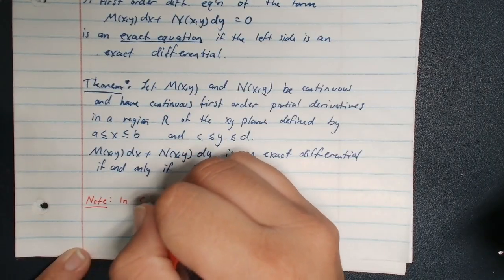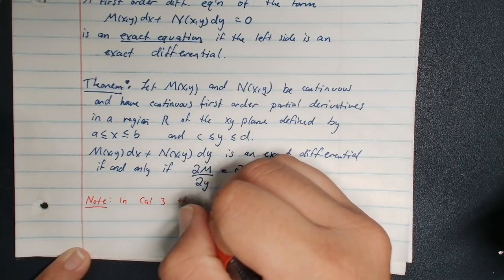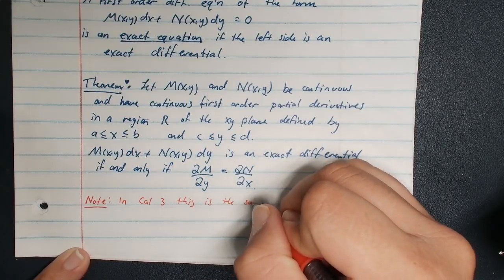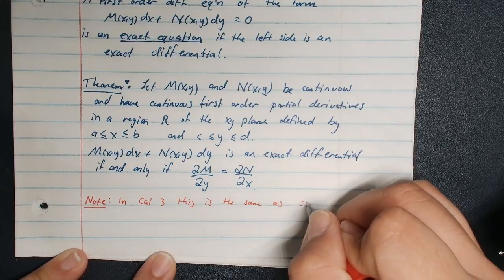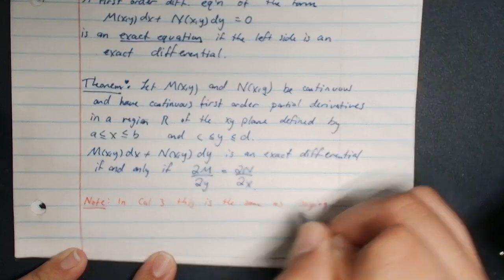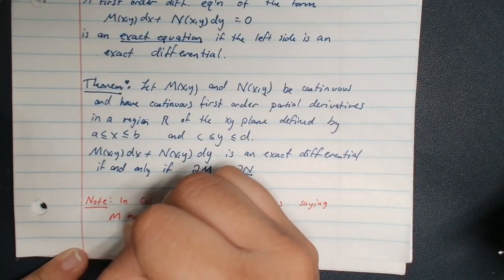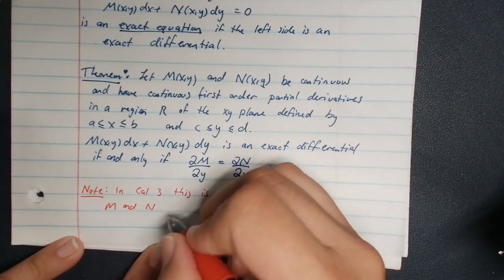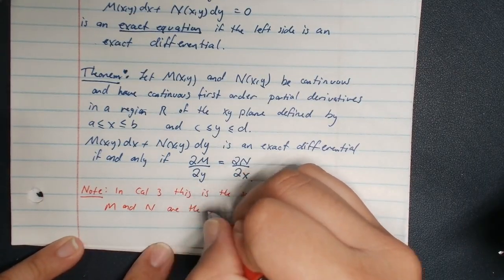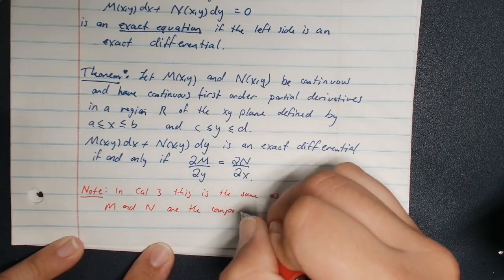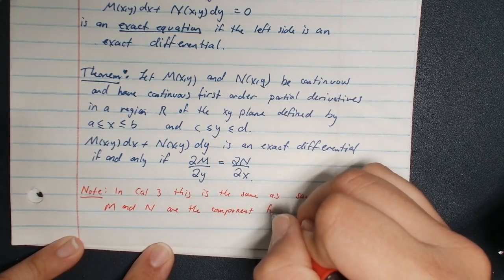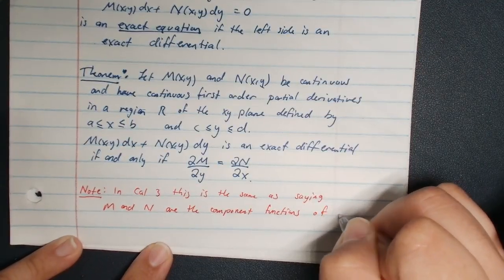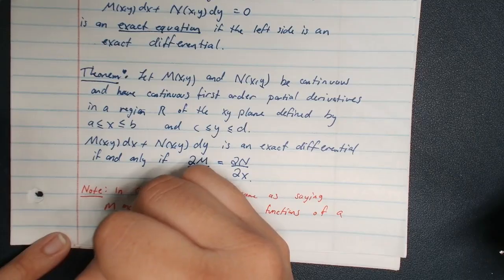So note in Cal 3, this is the same as saying that m and n are the component functions of a conservative vector field.